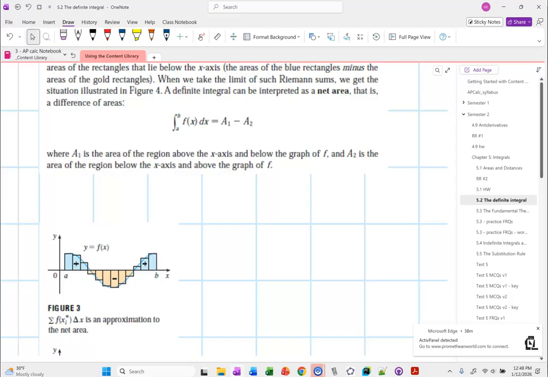So now when you calculate these integrals, the area under the curve could be positive, could be negative, or it could be 0 if the parts above the axis and the parts below the axis are equal. Like if you look at the integral of sine x from 0 to 2 pi, the same amount above is below, right?